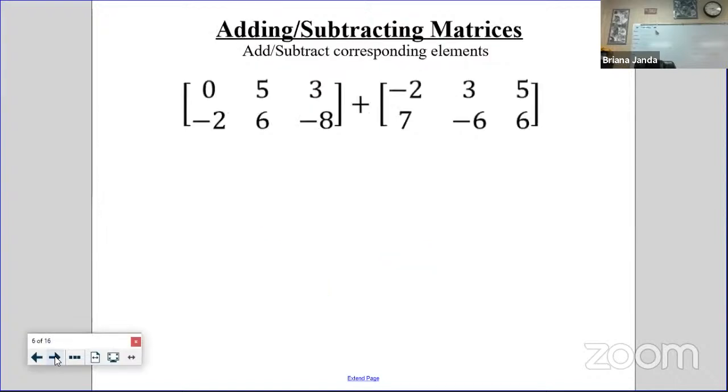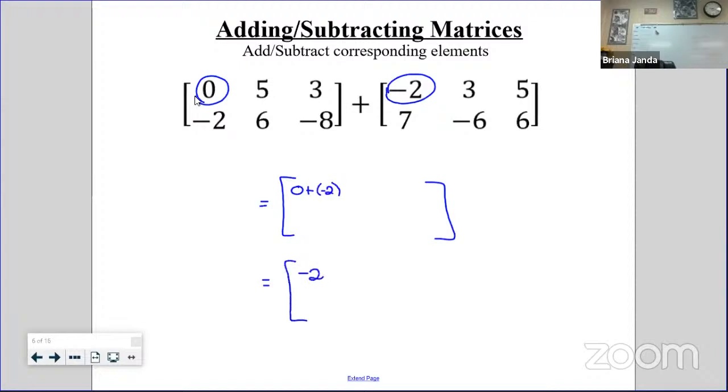Adding and subtracting matrices, again, corresponding elements. So as we do this, your top left element gets added to your top left element. Your answer will be the same size matrix, and that would give us our top left element. So this would be 0 plus -2, or -2. And we do that for each of the elements along our matrix here. I'm going to give myself a little bit more room.